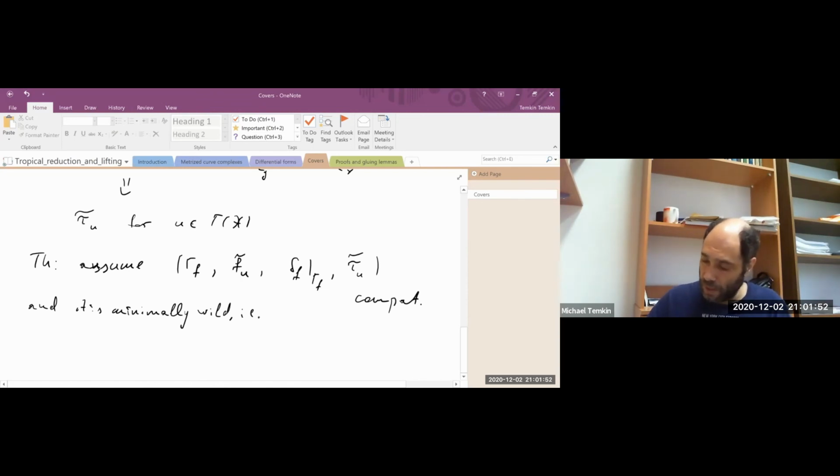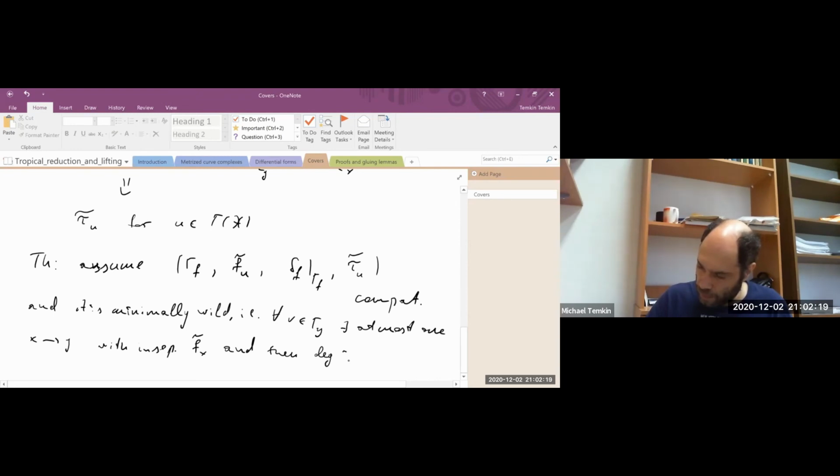That is, for any v in gamma y, there exists at most one x above y with inseparable f tilde x, and when the degree is precisely p.